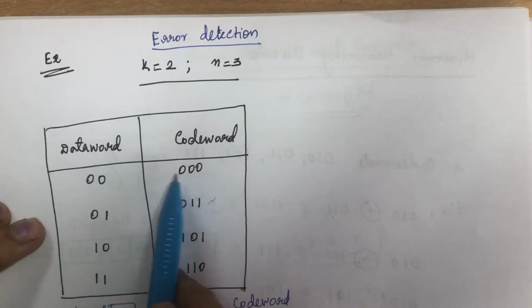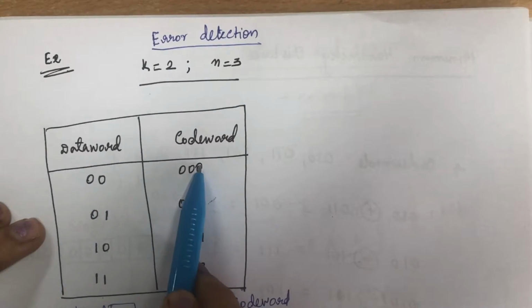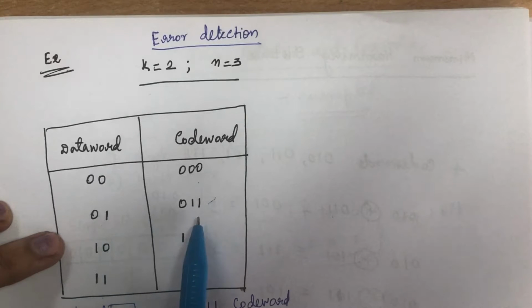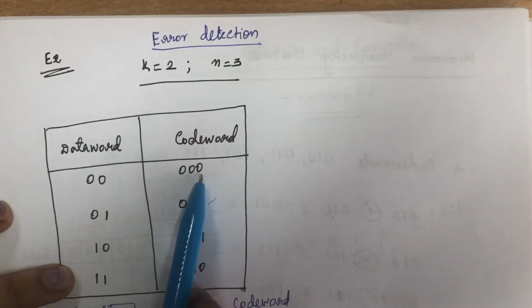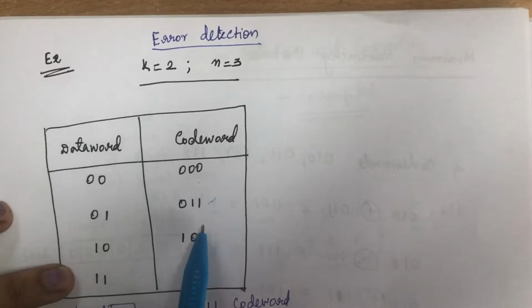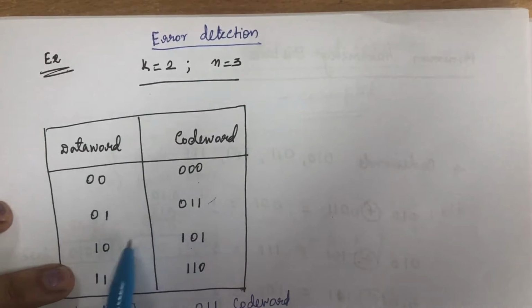The generator will add a 0 to 00, so that is one of the code words. For 01 the code word is 011, for 10 the corresponding code word is 101, and for 11 it is 110. So only 1 bit has been added. This is the code word we have for every corresponding data word.